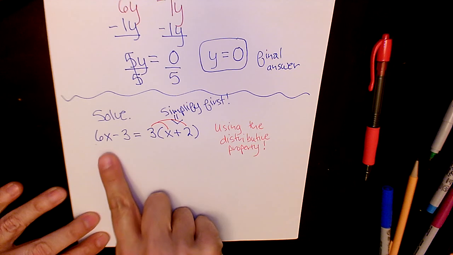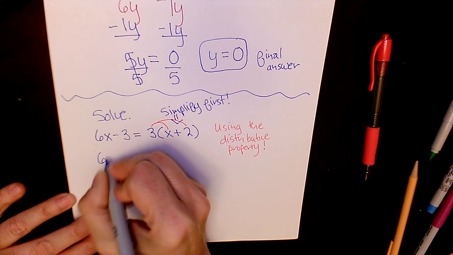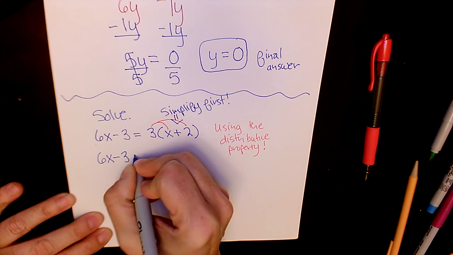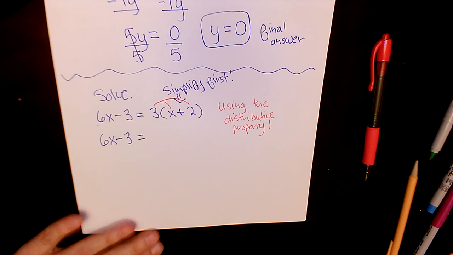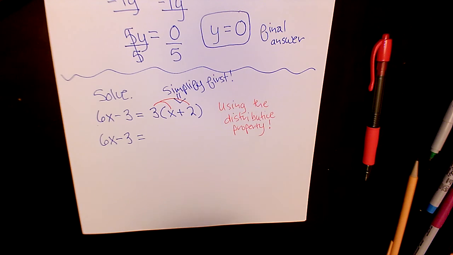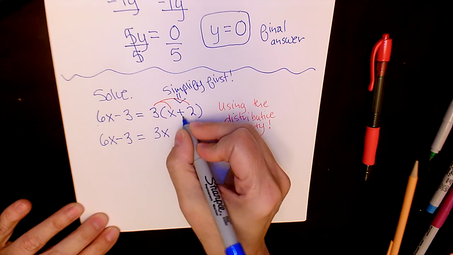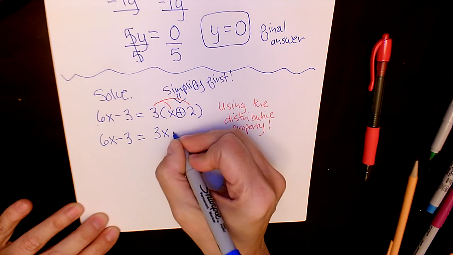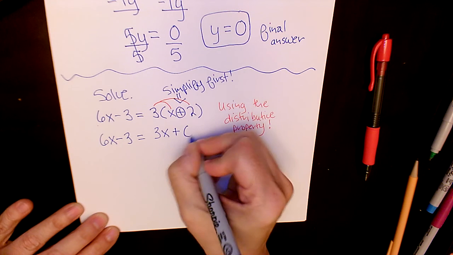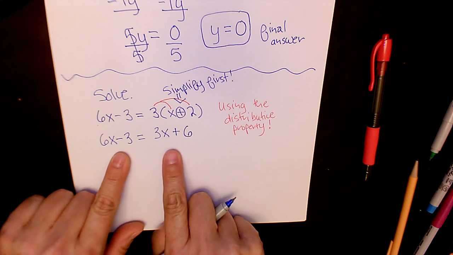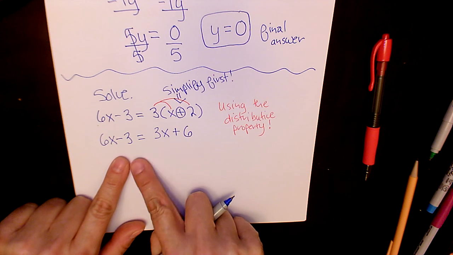So this 6x minus 3 just comes down, we can't put x's and 3's together. And so we're going to simplify this and take 3 times x. 3 times x is 3x. And this plus is going to stay the same. 3 times 2 is 6. So here's our problem. I'm going to start with the numbers.